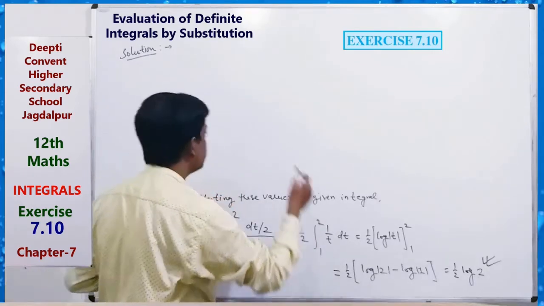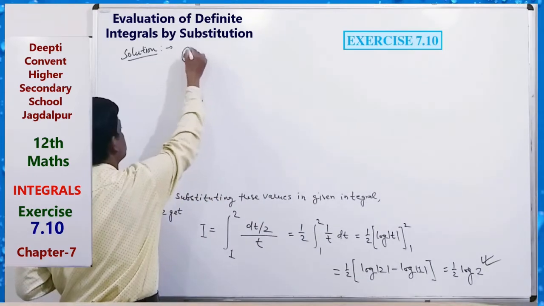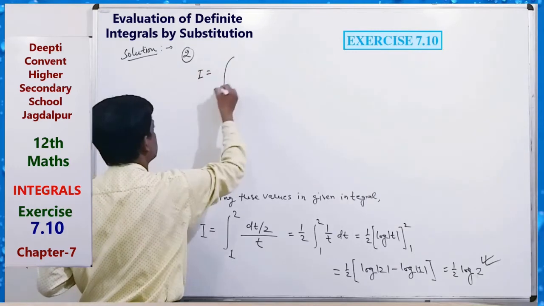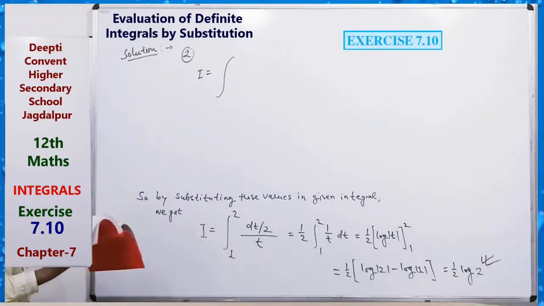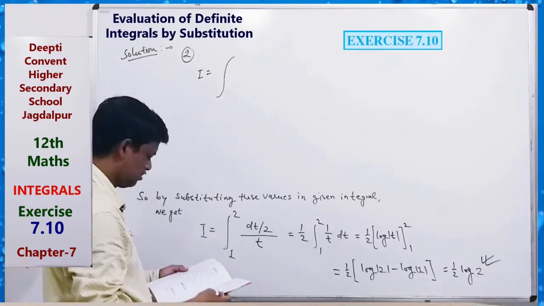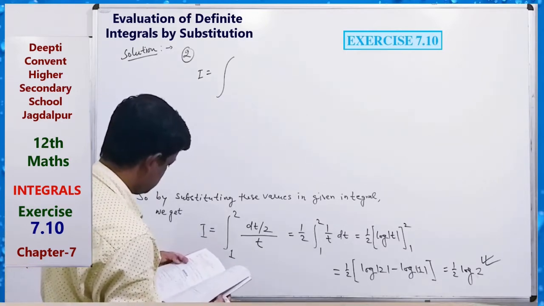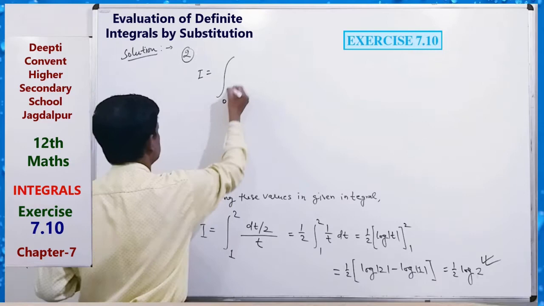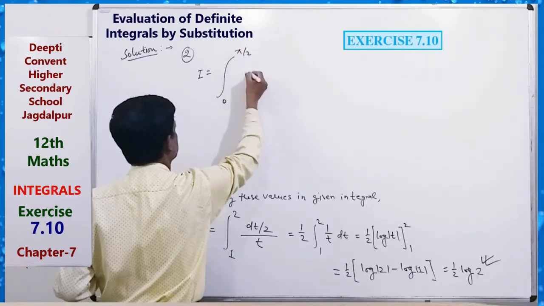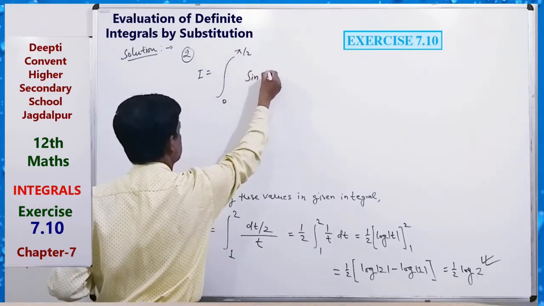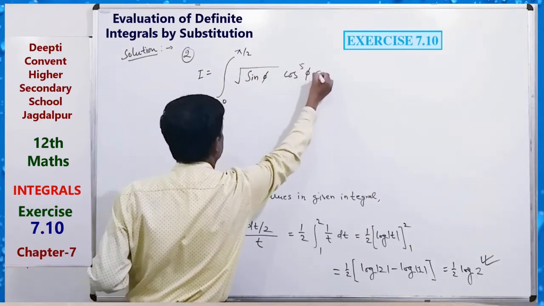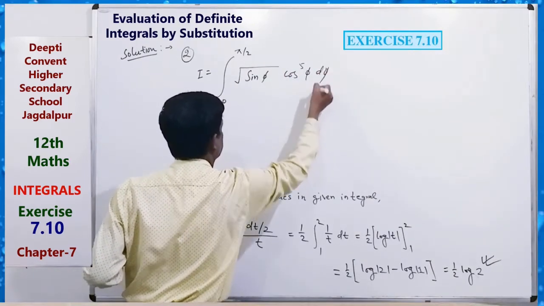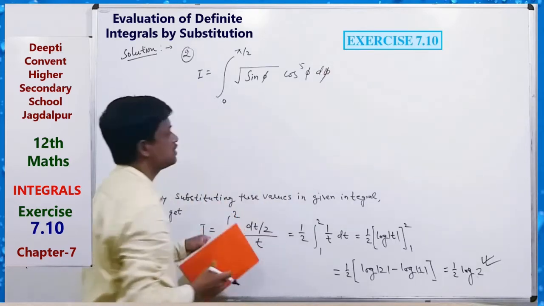So in question 2, the integral is from 0 to pi by 2 of root sin phi times cos power 5 phi d phi. This is the given integral.